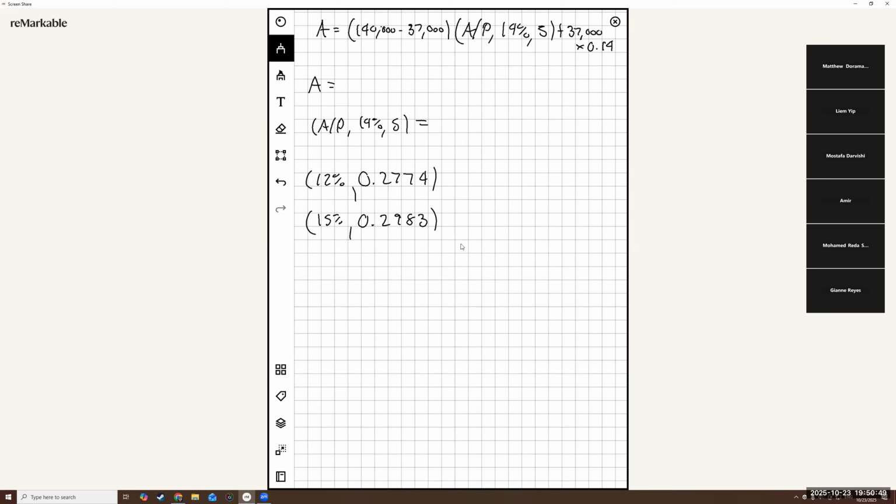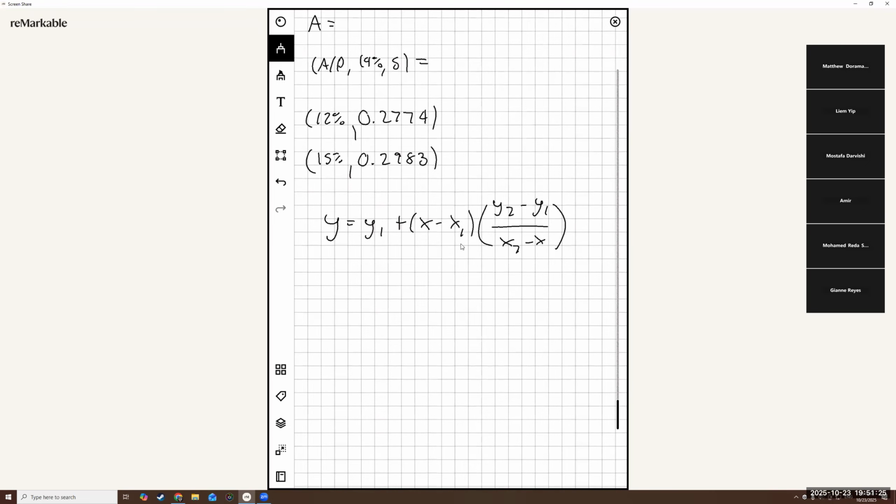How do you do that? With the interpolation formula. What is the formula for interpolation? It's y is equal to y1 plus x minus x1 over y2 minus y1 over x2 minus x1. So let's solve it. You should know this formula by heart. It's super useful.